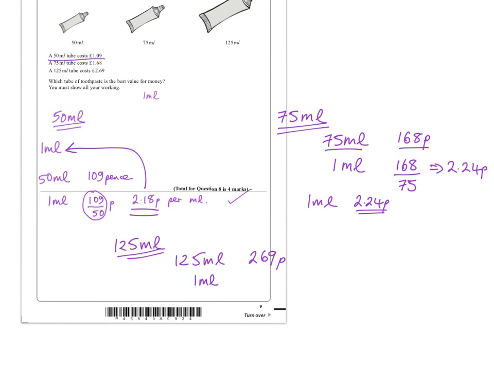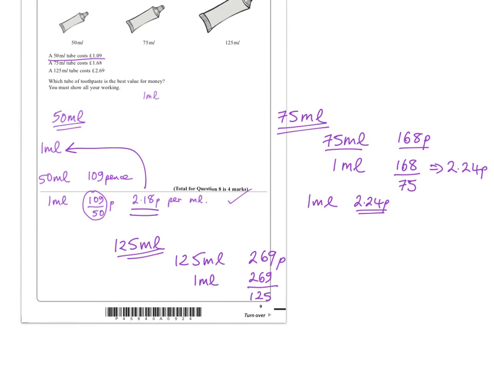So 1 millilitre or 1 mil would be 269 divided by 125. Now I'm reaching for my calculator, of course. There are many ways you can do this without, i.e. just by pencil and paper, but let's just get this done with the calculator first.